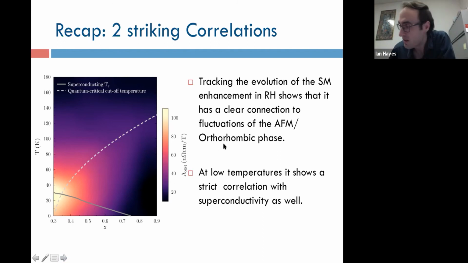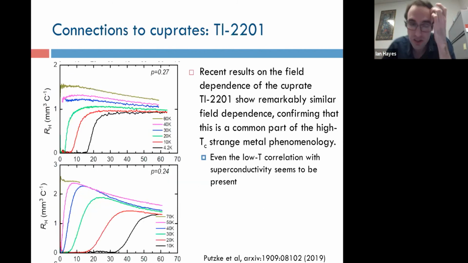Now, in the time that I have left, I want to say just a few words about how this relates to other materials and what it might suggest about the broader picture of strange metal behavior in high TC. So first, I want to acknowledge that there's some recent nice work coming from Nigel's group on the field dependence of RH in thallium cuprates.